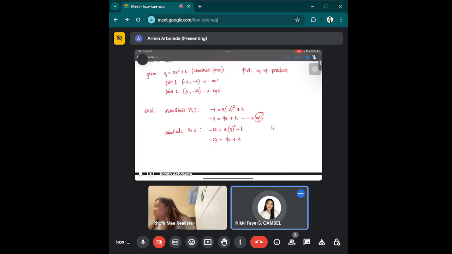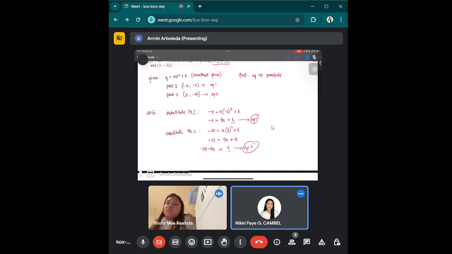So we can write this as our equation 2, but to make it easier, let's isolate k. We transpose negative 22 here, and 9a becomes negative as well. So this is going to be our equation 2. Why did I isolate k? So it's easier to substitute the k over here. Do you get it? Okay.